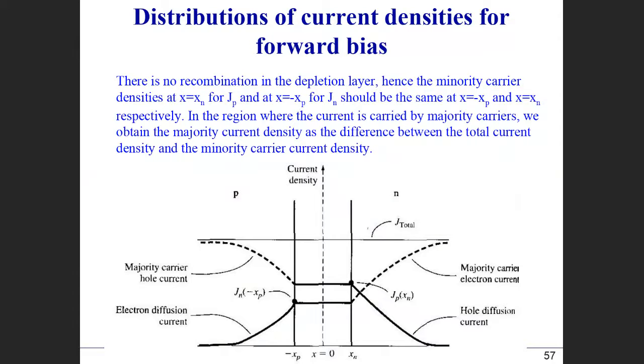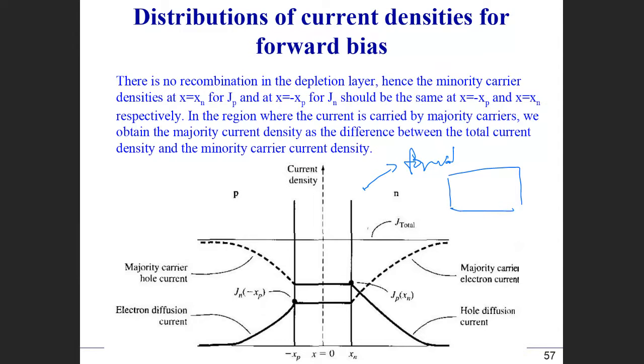I guess we have 3 minutes left. Do you have any questions so far? Since the hole current and the electron current go in different directions, do you have the magnitude or do you do the difference? The hole current and the electron current are not actually going in different directions. For example, this is the forward bias, right?